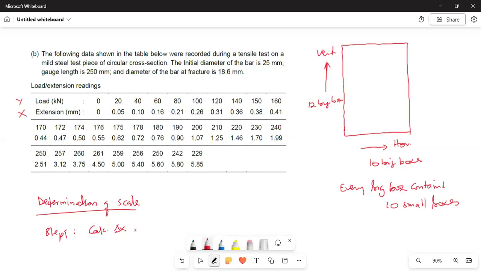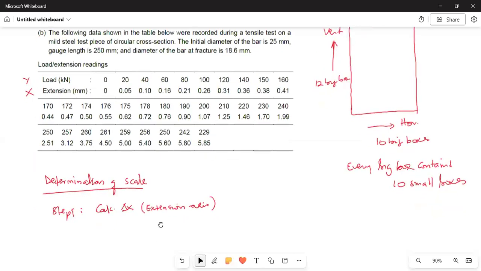First of all, calculate change in X. Note that X is the extension axis. So take note of that. Let me move it a little bit up and then we can have space to work.